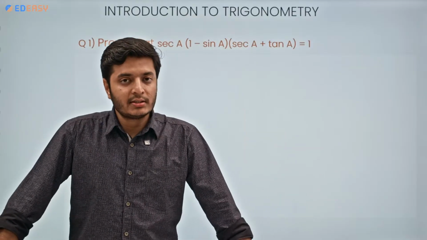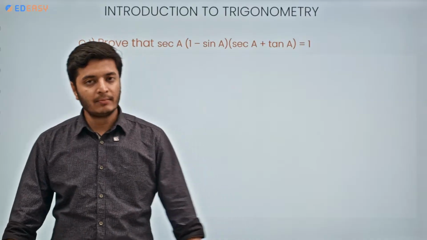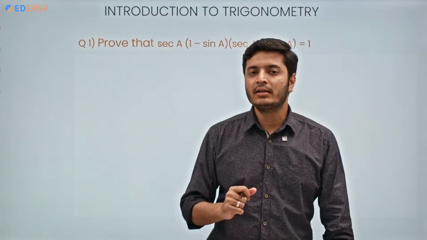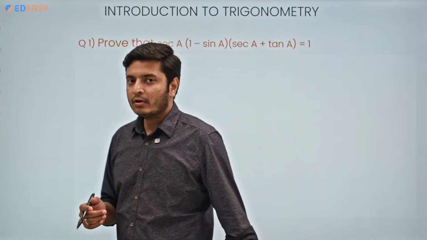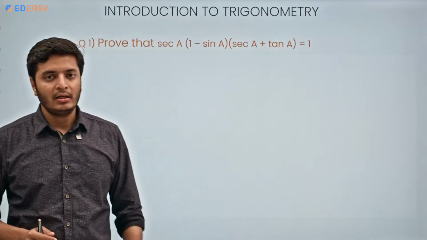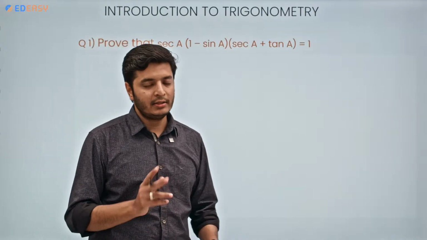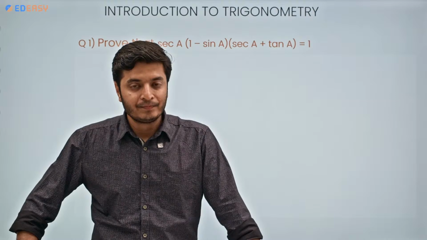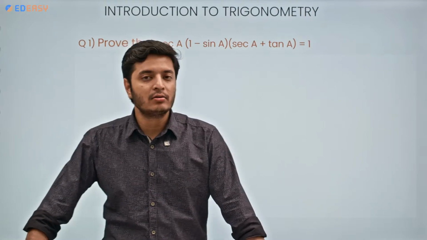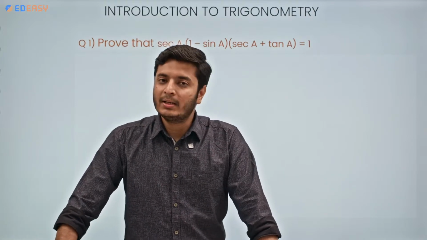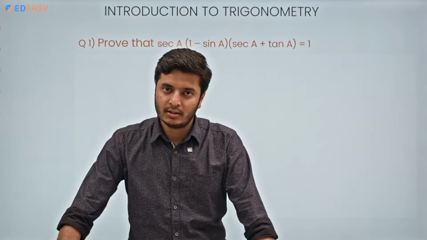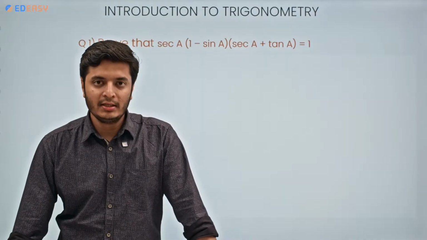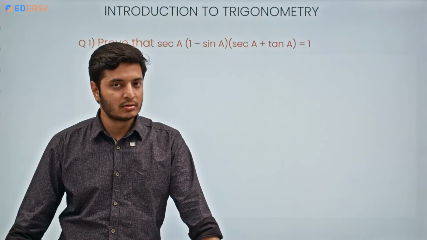Suppose cosecant theta is there, you can convert it to 1 by sine theta. If secant theta is there, you can convert it to 1 by cos theta. And if cot theta is there, then we know that cot theta is 1 by tangent theta, and tangent theta is sine theta by cos theta, so cot theta will become cos theta by sine theta. So any trigonometric ratio can be converted in the form of sine theta and cos theta.